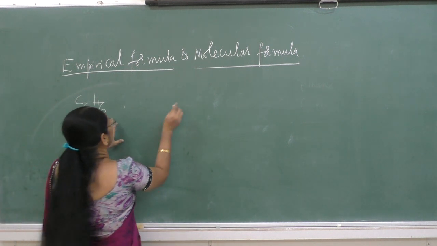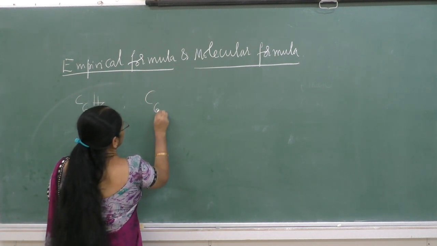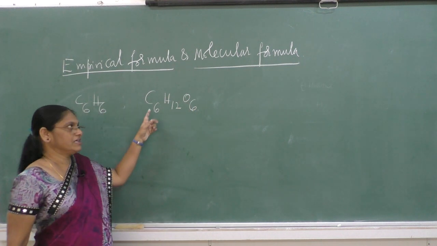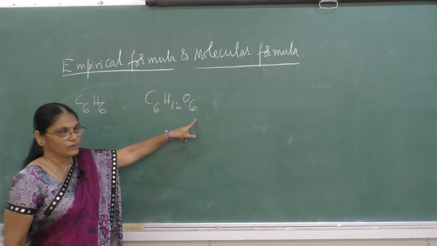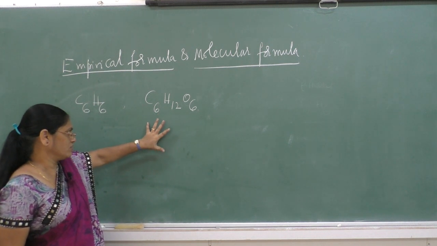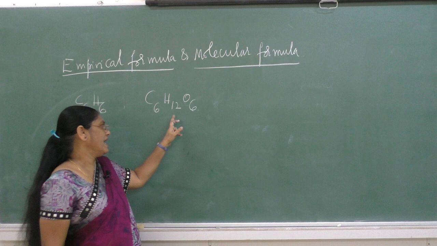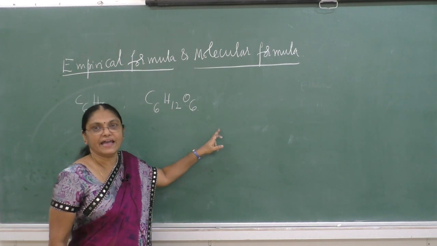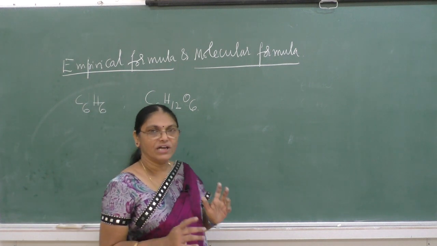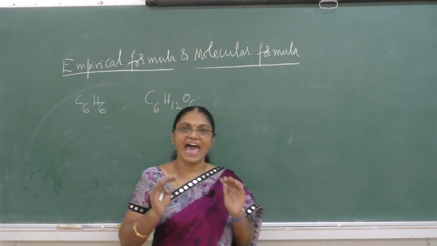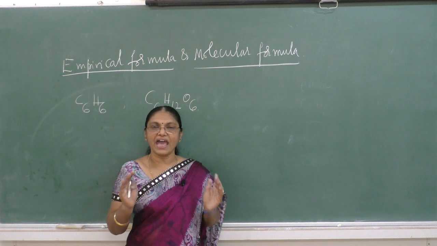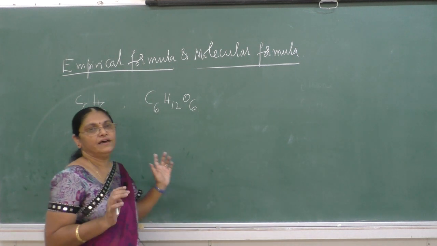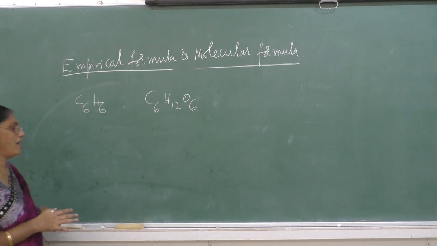The molecular formula of glucose is C6H12O6. In glucose there are 6 carbon atoms, 12 hydrogen atoms and 6 oxygen atoms. Therefore, molecular formula gives the actual number of atoms of different elements present in a molecule or a compound.